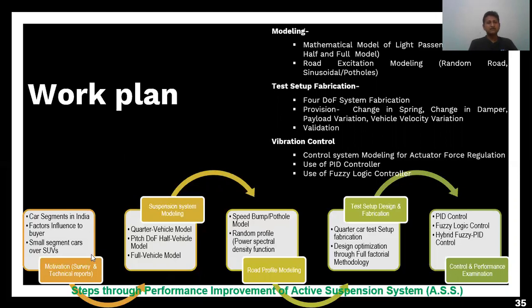There are 3 different types of modeling: quarter car modeling, half vehicle modeling, and full car modeling. Then we come to the road profile modeling for providing the replication of actual road. Then the test fabrication to validate the result, and ultimately to test the control performance by using the simulation result in time domain.